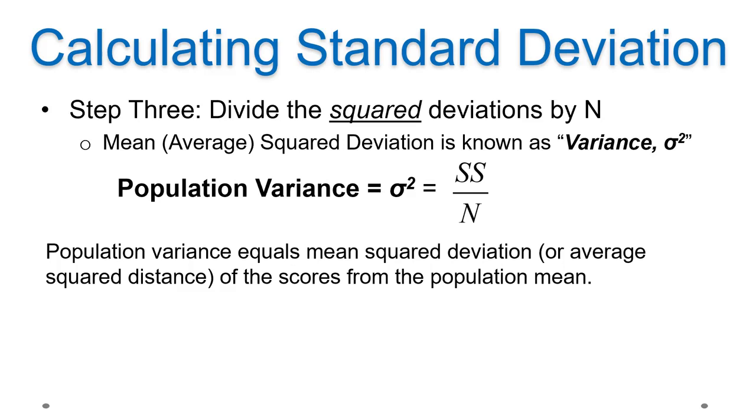As you see, along the way to calculating population standard deviation, we get the population variance. Population variance equals mean squared distance, or average squared distance of the scores from the population mean.